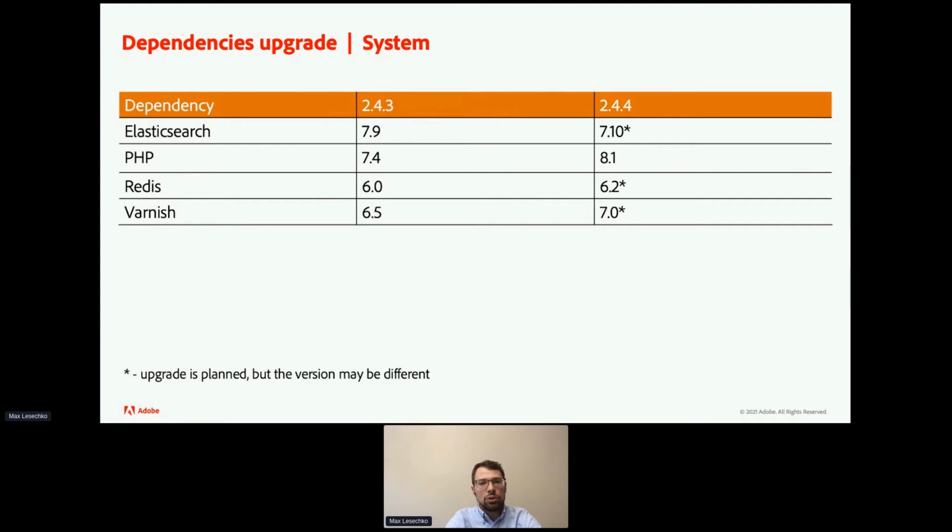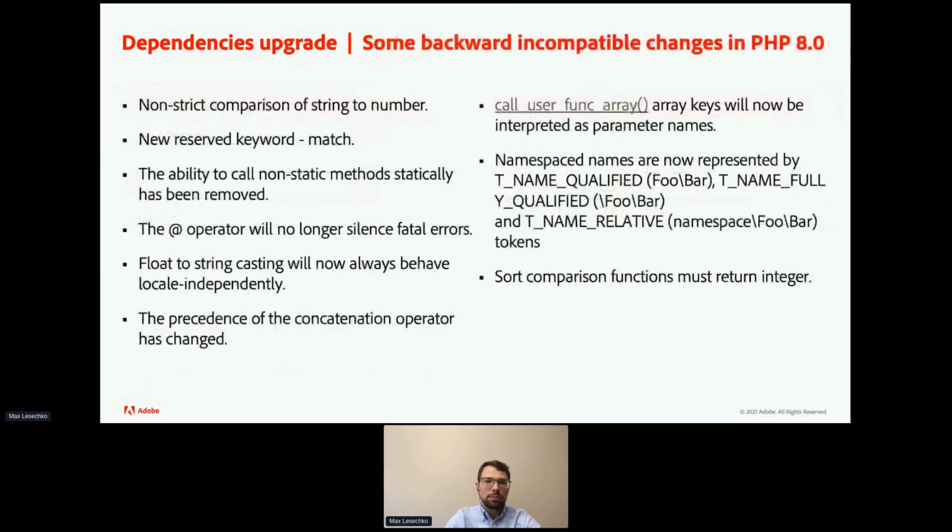Redis will be upgraded to 6.2. At this moment, the Redis and Varnish versions are the latest minor versions available. And at the time of upgrade, this version may change. So these are not the final versions here, but when this dependency is upgraded, you will get updated information on it.